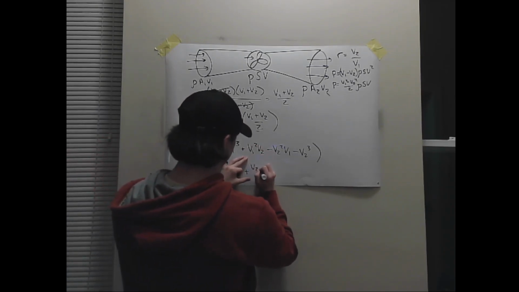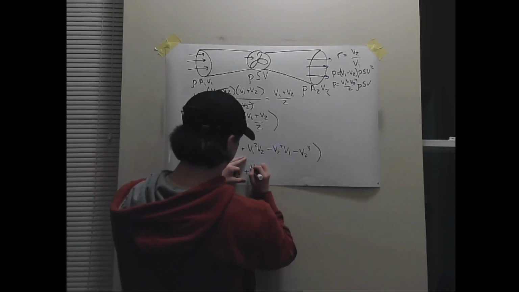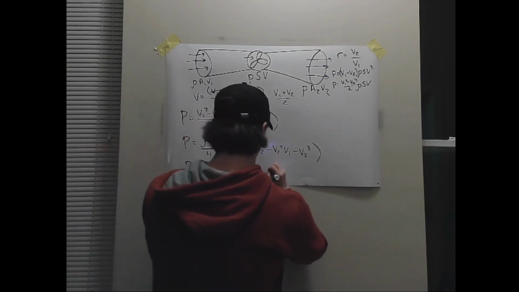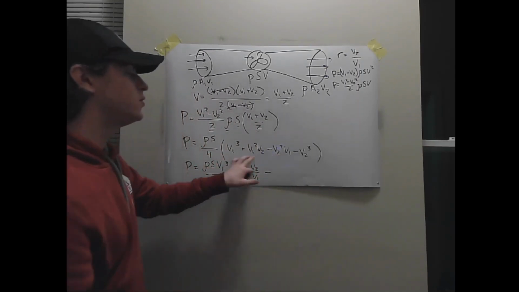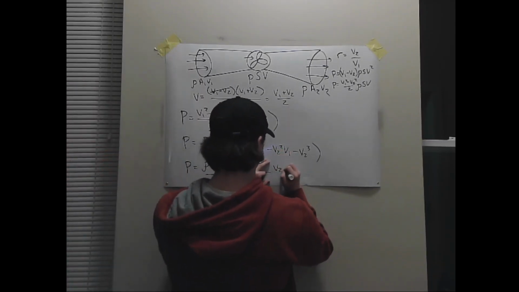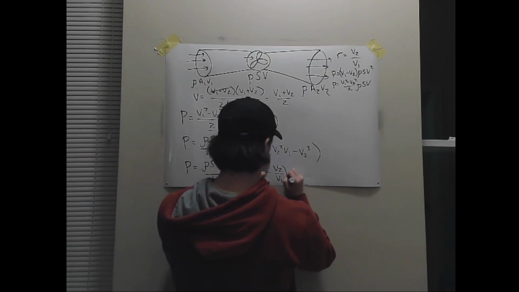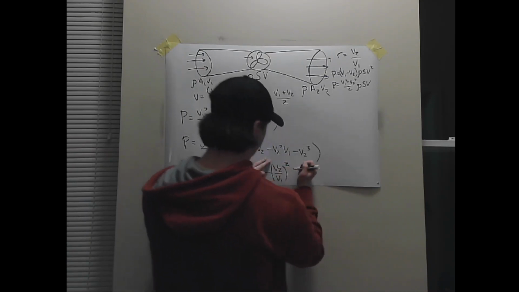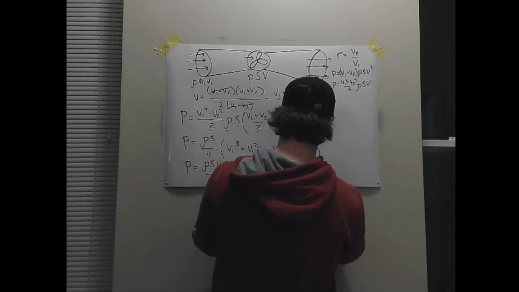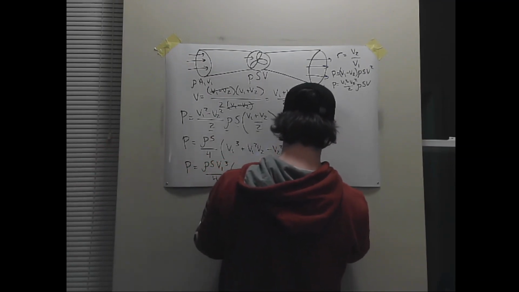So we're left with V2 over V1 minus, we have V2 times V1. Once we divide it over, we have V2 over V1, and these are both squared. And then for the last term, it's just V2 cubed over V1 cubed.